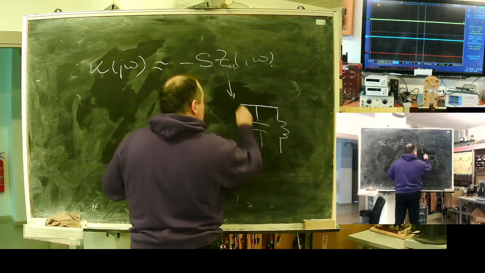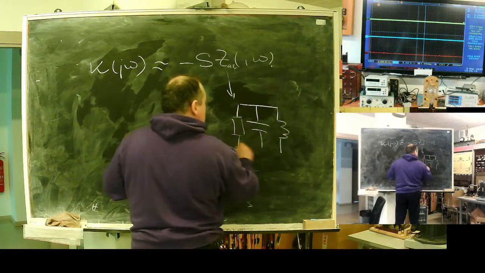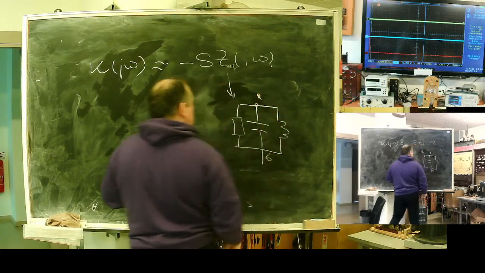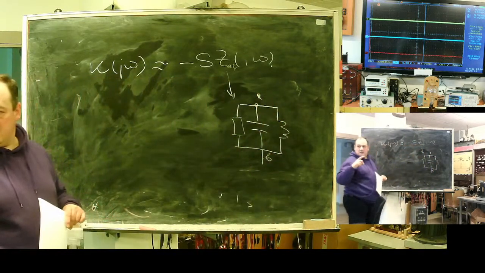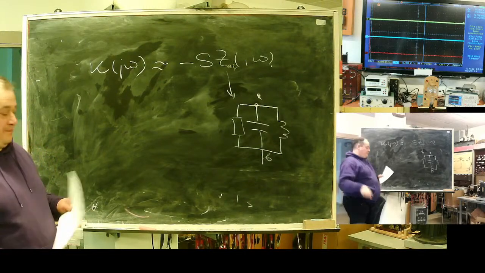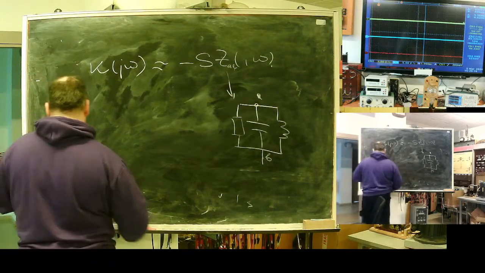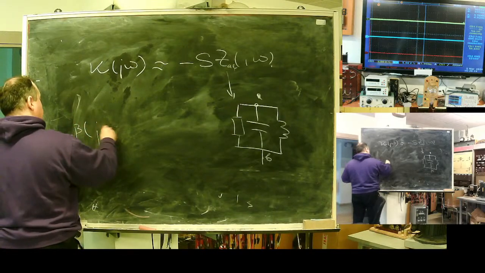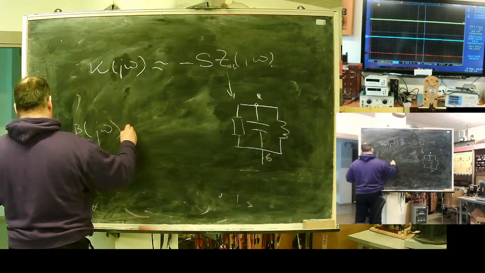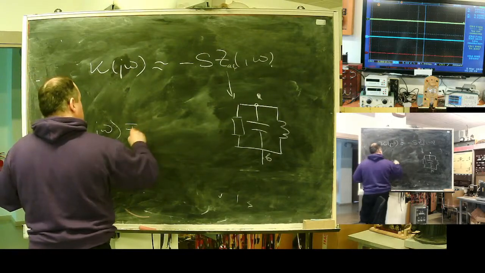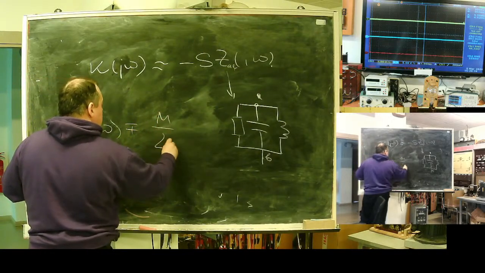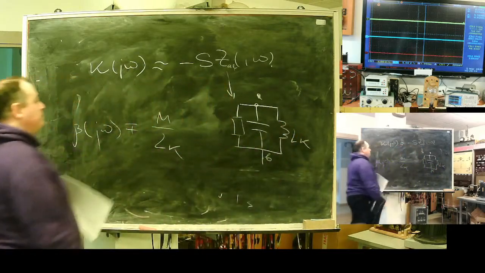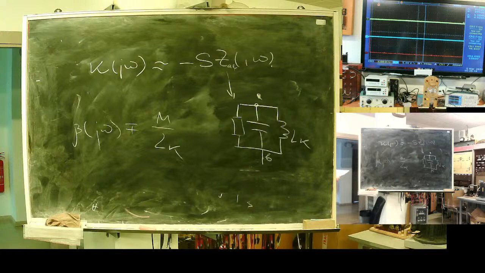Coil, capacitor, resistance. AB. This part, resistance of this anode load. And beta return plus minus M divided by this, as we saw it previously.